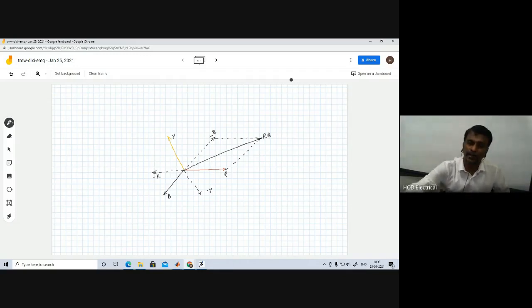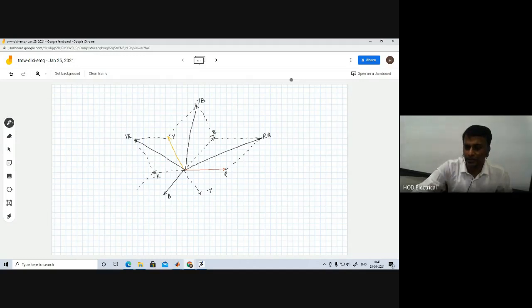Then the resultant of these two, we have the voltage of minus B, YB. Then similarly we draw this parallelogram, and we have this resultant as YR.